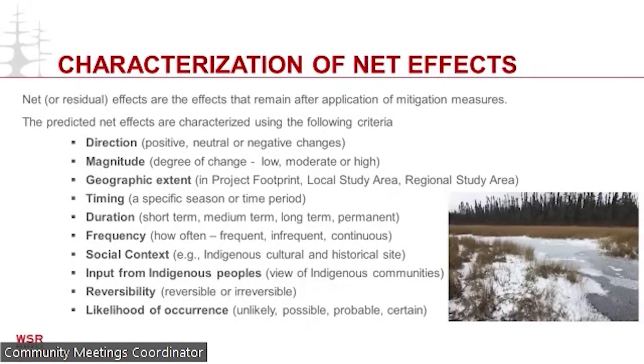When we describe the net or leftover effects, we talk about the direction of the changes, be they positive or negative, the amount of change, the area impacted by the effect, when the effect will occur, how long the effect will be, how often it will occur, the social or cultural effect, whether the effect will be permanent, and how likely the effect is to occur.